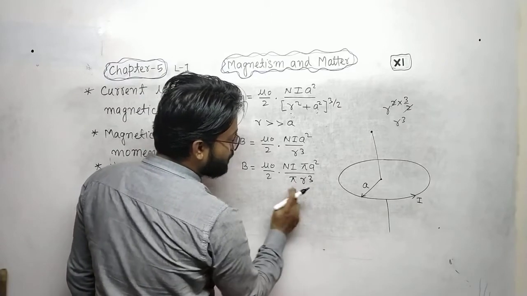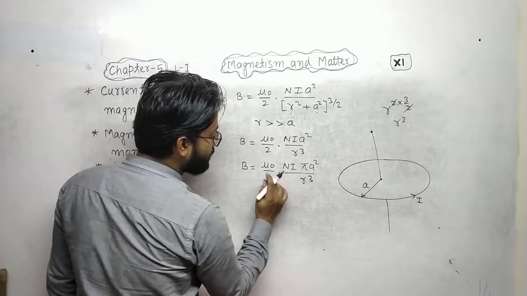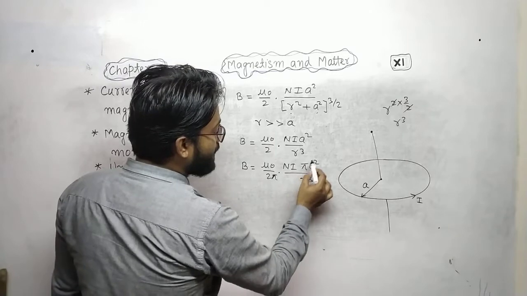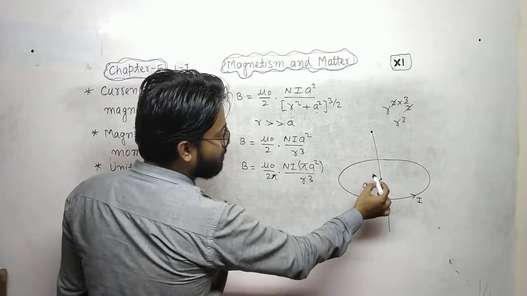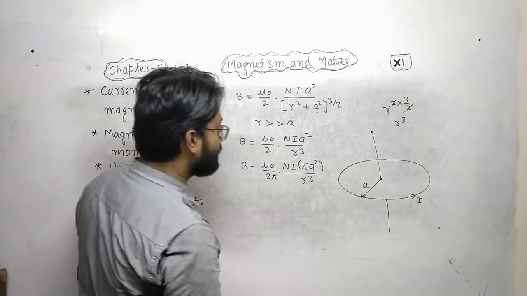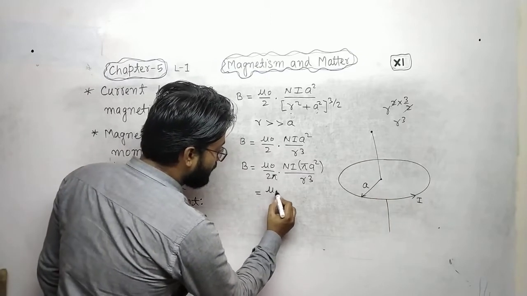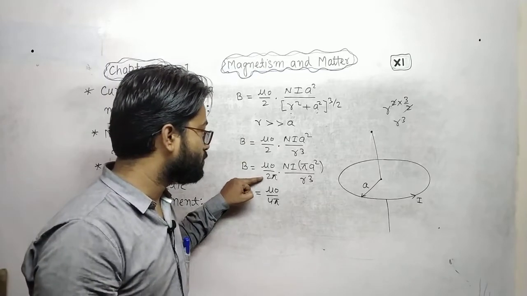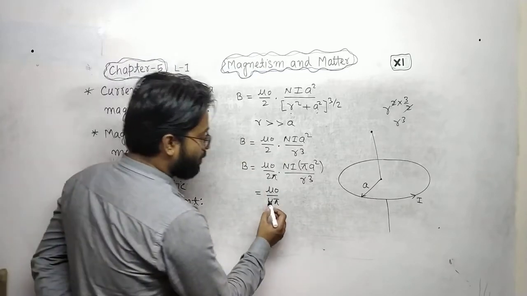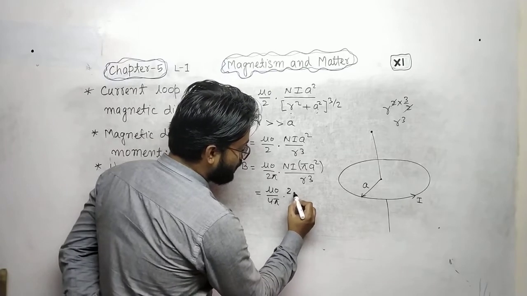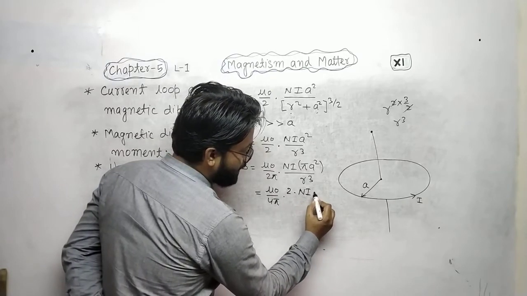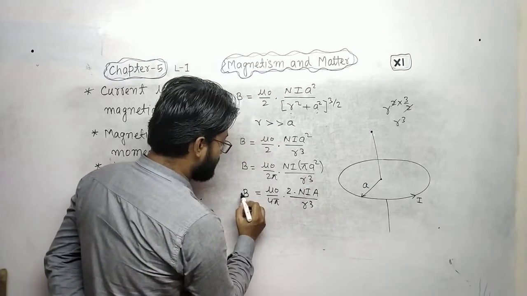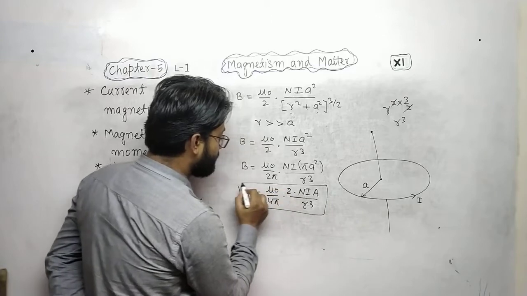So this becomes 2 mu naught by 2 pi, Ni, pi A square, where pi A square is the area of the loop. Now here mu naught by 4 pi, divided by 2 and multiplied by 2, gives mu naught by 4 pi, 2 times Ni A, area, upon R cube. This is the magnetic field.